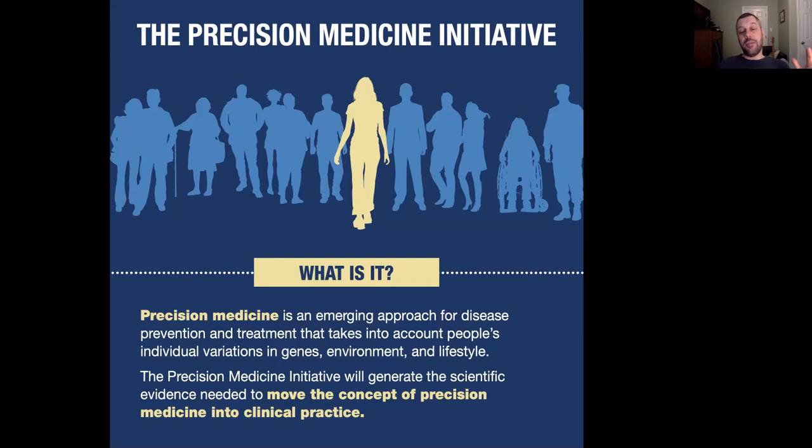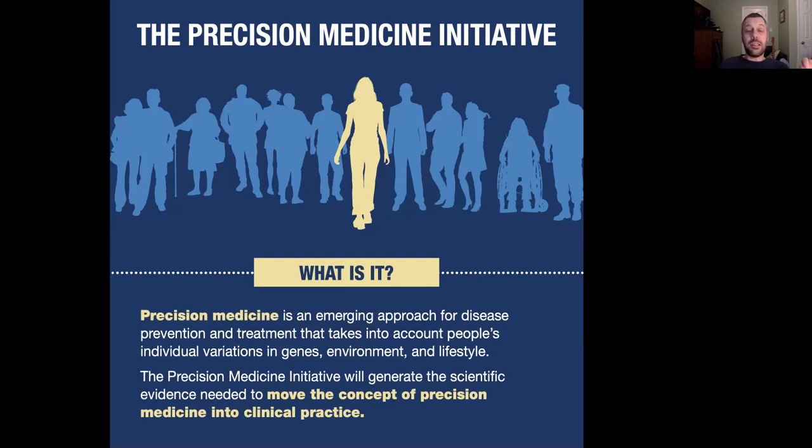So this idea of having genetics play a role in healthcare led to President Obama starting the Precision Medicine Initiative a few years ago. What does this mean? Precision medicine is sometimes called personal medicine or personalized medicine.